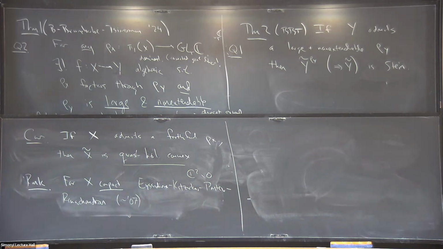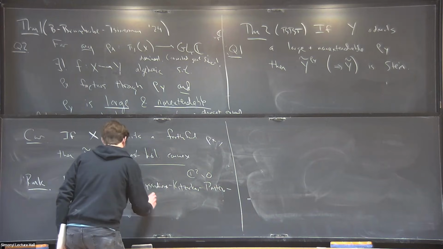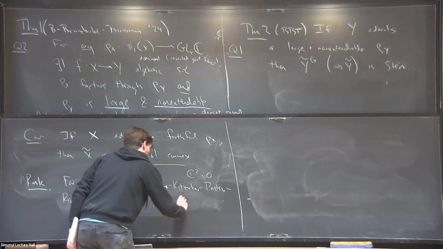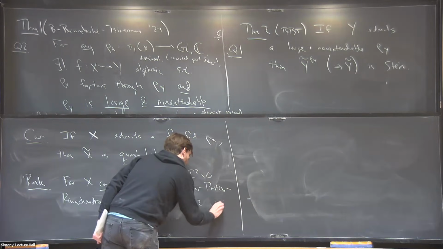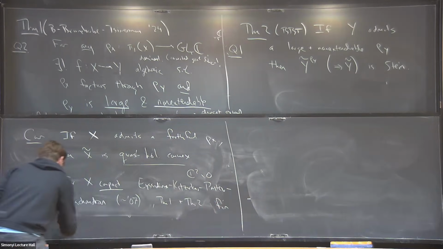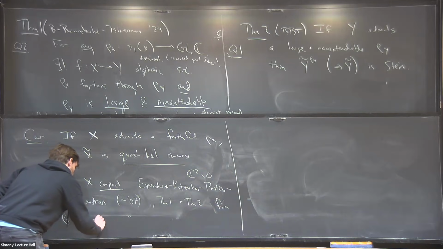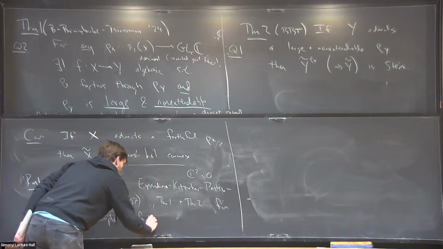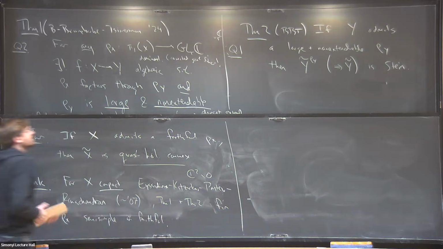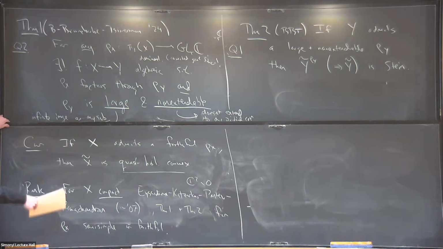Which does theorem 1 plus theorem 2 for rho X semi-simple or faithful. Actually, that's kind of a cool thing that I meant to mention.